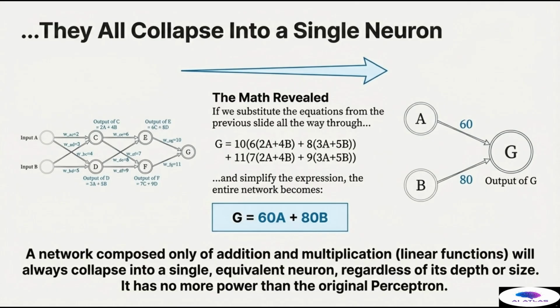We start with the final output G, defined by E and F. G equals 10E plus 11F. We then substitute the expressions for E and F, which are defined by C and D, and subsequently, we substitute C and D, which are defined directly by the inputs A and B. When we perform this massive substitution and simplify the entire algebraic expression, something remarkable happens.